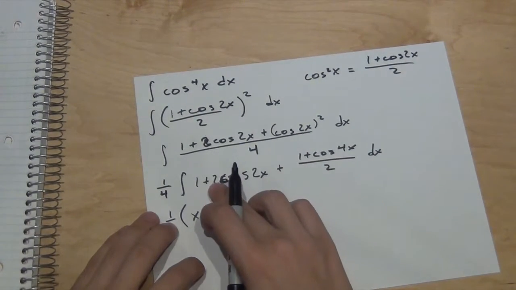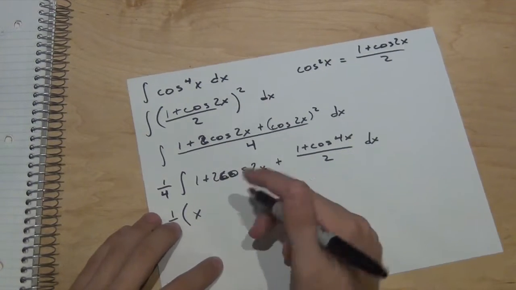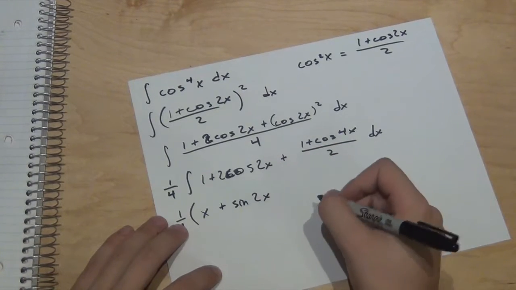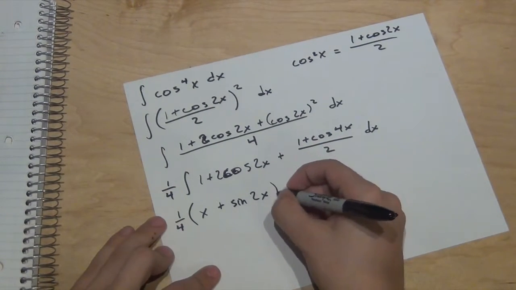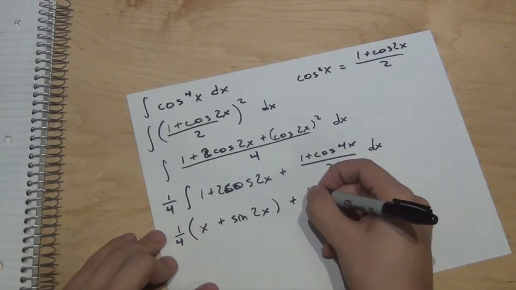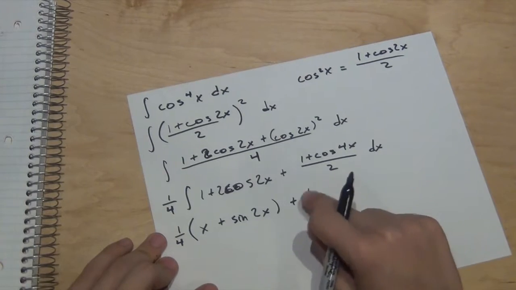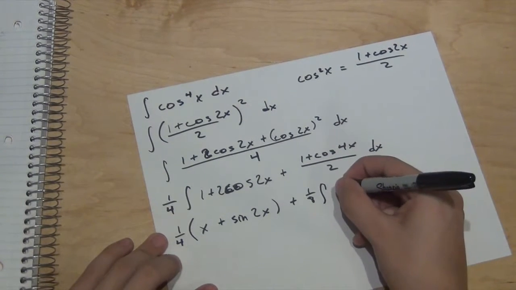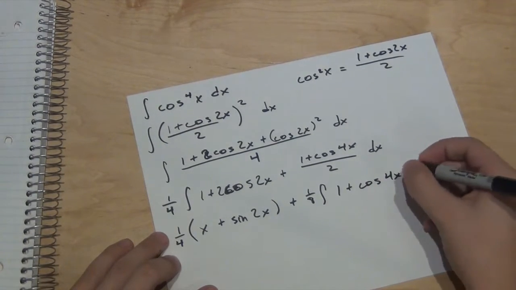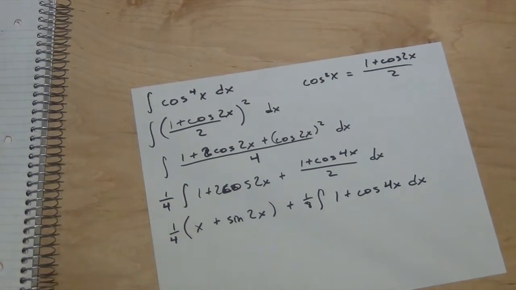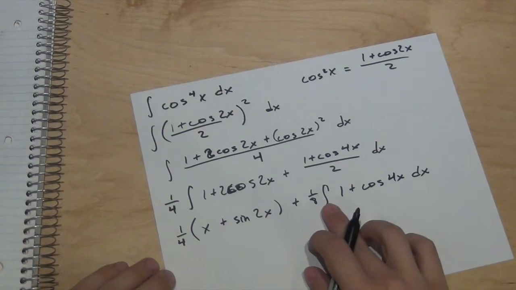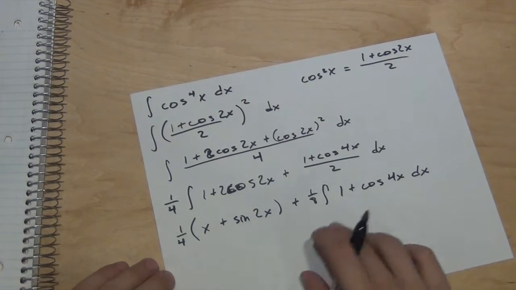So multiplying by 2 is going to leave us with just plus sine of 2x. And we're going to close the parentheses on that. Then 1 plus 1/8, because 1/4 times 1/2 is 1/8, integral of 1 plus cosine of 4x dx. Okay? So over here I'm going to distribute my 1/4, and over here I'm going to integrate what is 1 plus cosine of 4x dx.